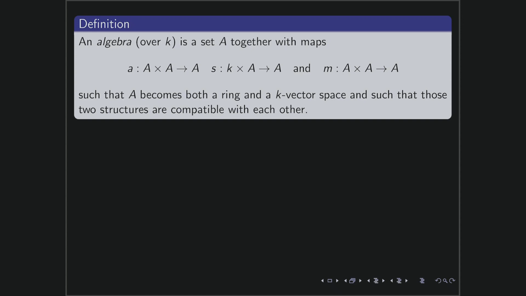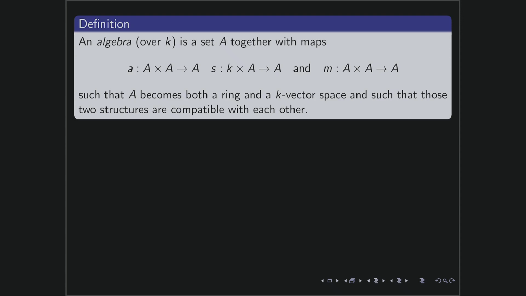Instead of writing the maps like this, I write the maps this way. I write the multiplication as a map M which goes from A tensor A to A, and E, which goes from K to A. And here I still have that this is just a normal multiplication, but the advantage of writing the tensor here is that I can say that this map has to be linear instead of just bilinear.